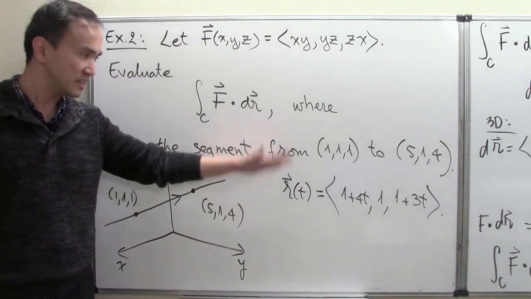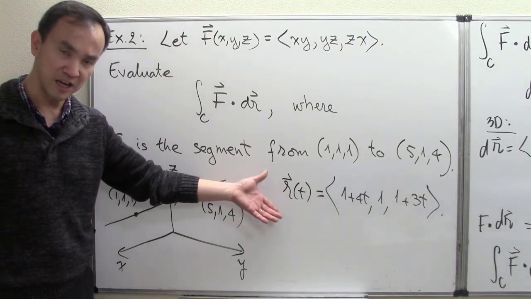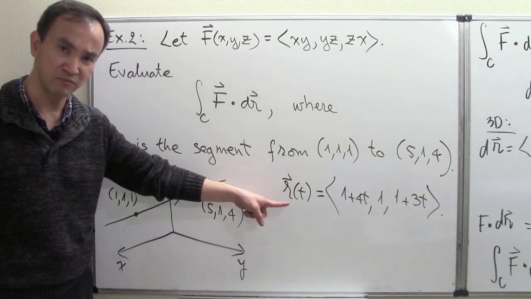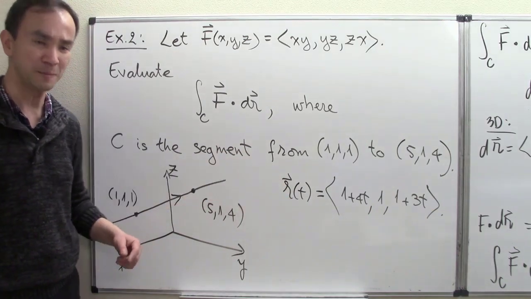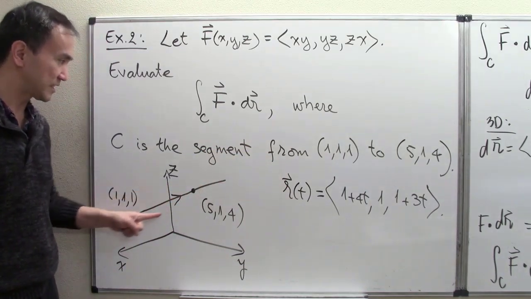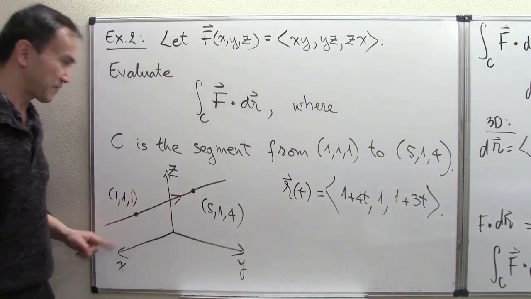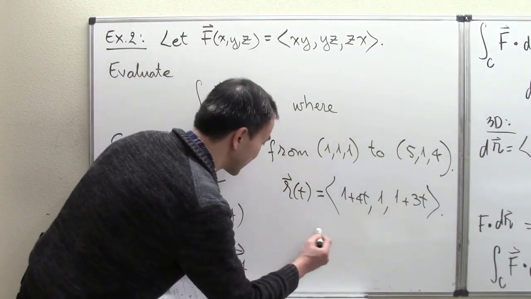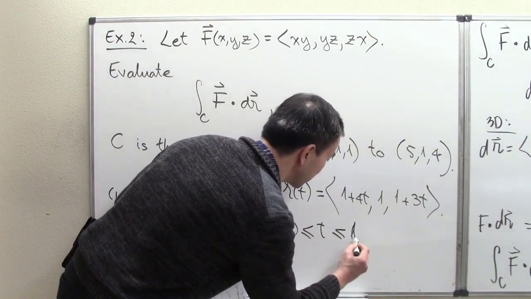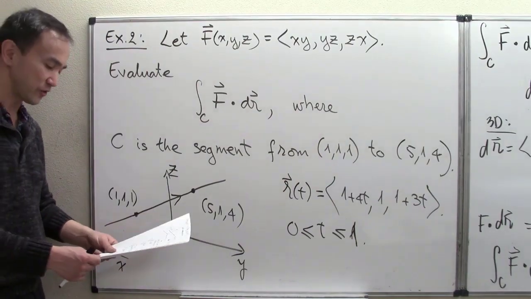My point is, in this example you need to be able to find a parameterization, but these are usually simple, and I don't need to get into how we find this particular one. Once we have found a parameterization that describes the orientation of the curve from here to here, the t value goes from 0 to 1. That's the interval restriction.